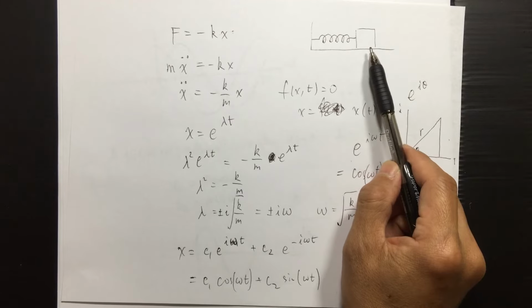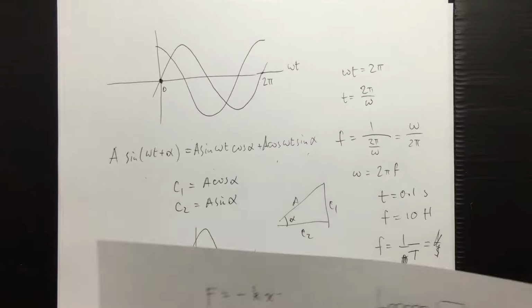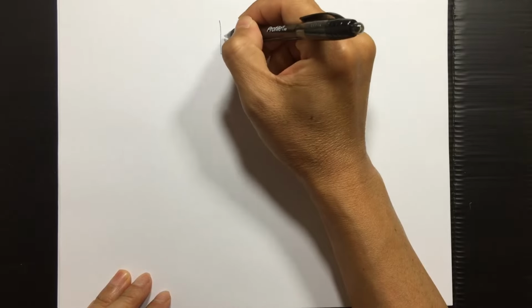Then what's the velocity here, and stuff like that. Actually, let's just do one. Let's say you have a spring.